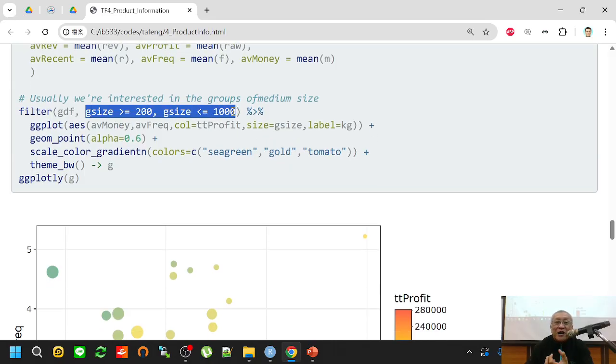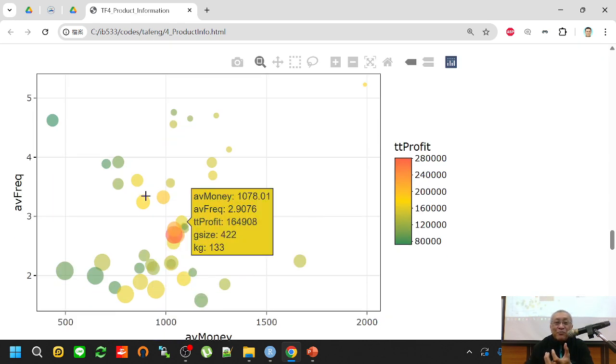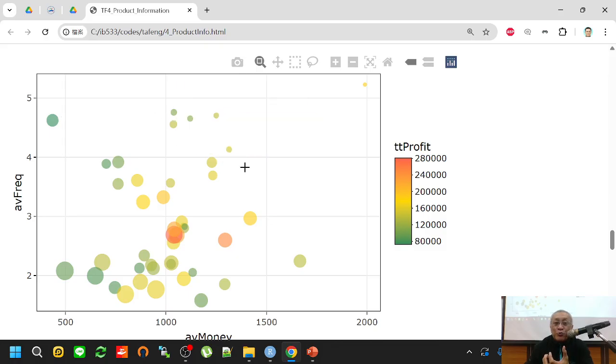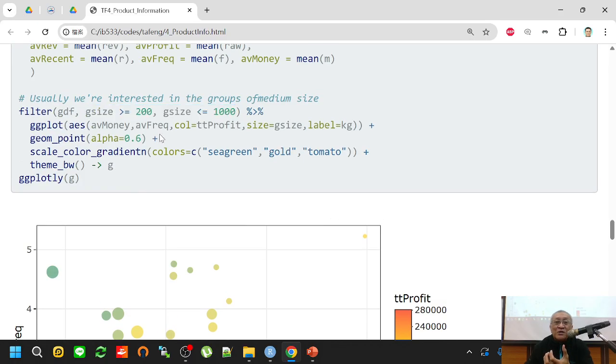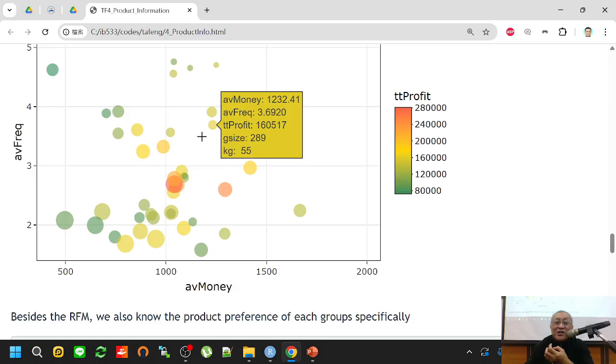For example, before doing the plotting, every bubble here is a group, right? And I only want to visualize the groups with group size between 200 and 1000, okay? Here is the average buying amount, and here is the average frequency.